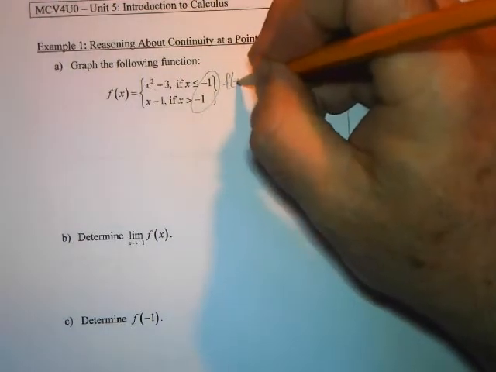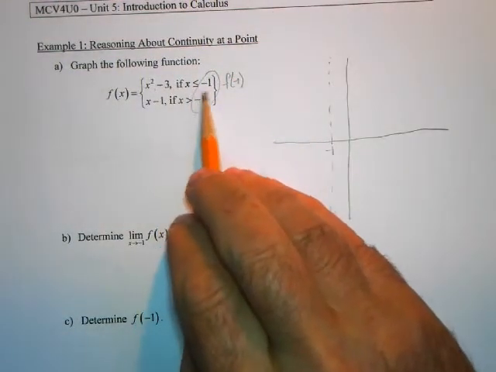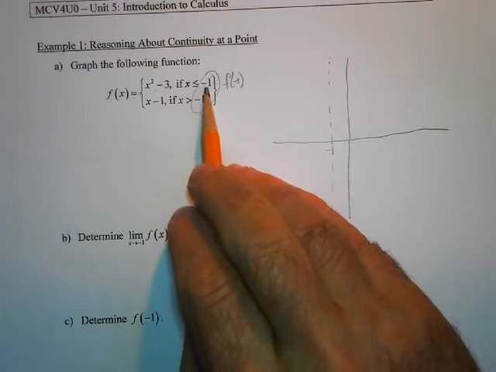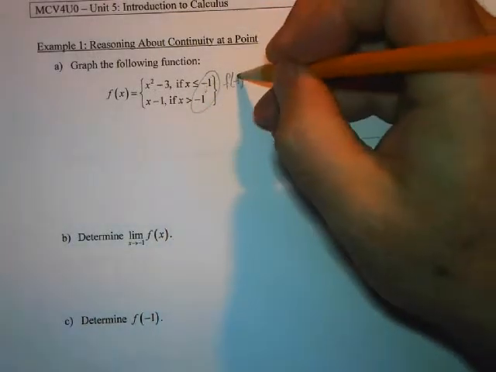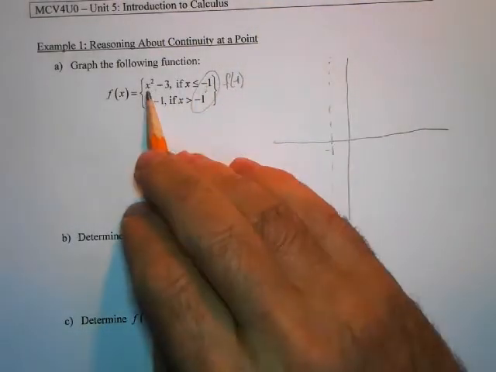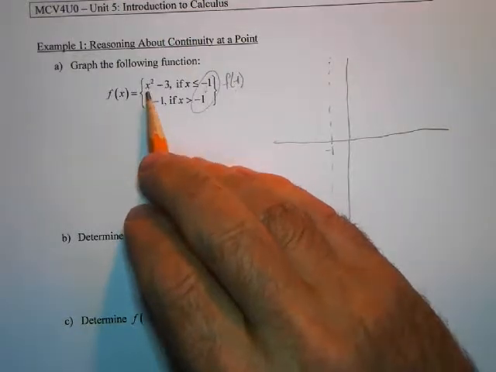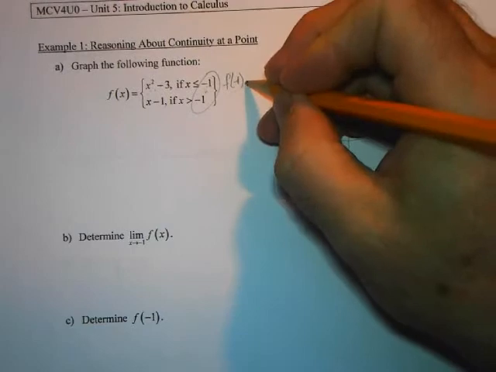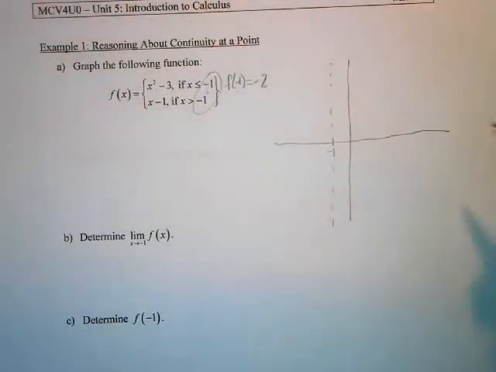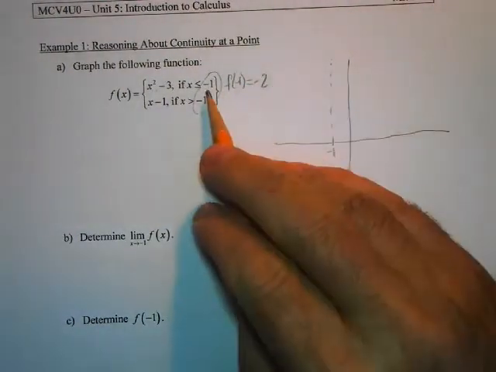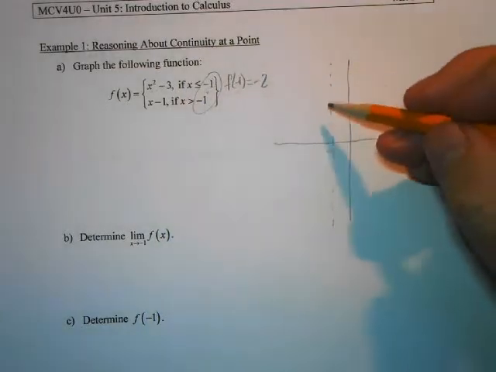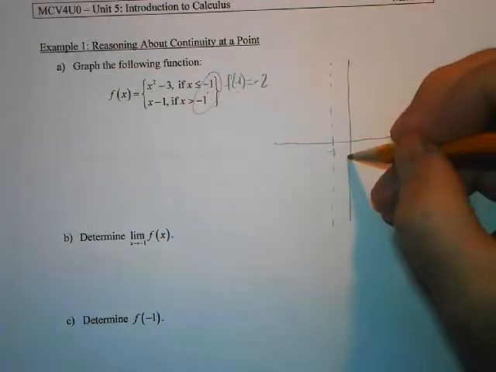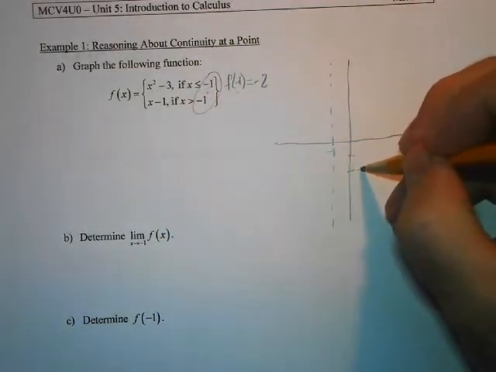So at f of -1 for the top piece, which is where you would plug in -1 for the function anyway, if you plug in -1 here, you get -1 squared, which is 1. 1 minus 3 is -2. So if I'm going to draw this top function, let's do some scale here, so that's -2.